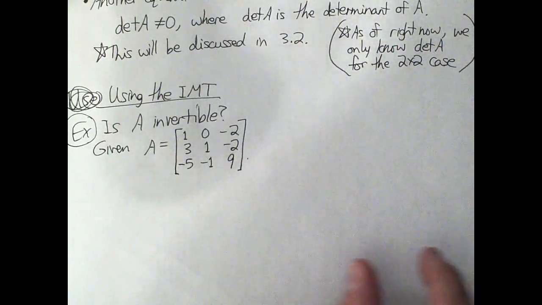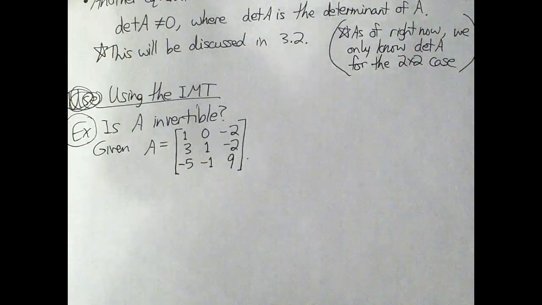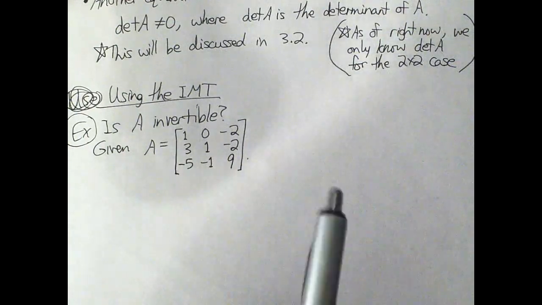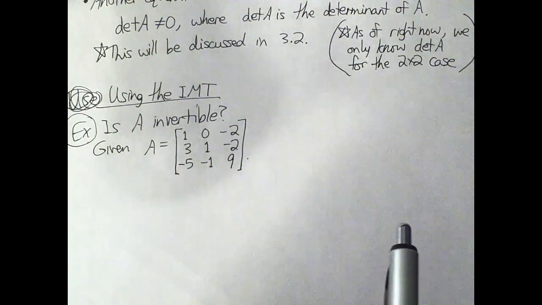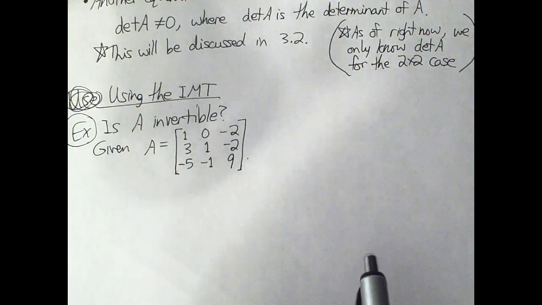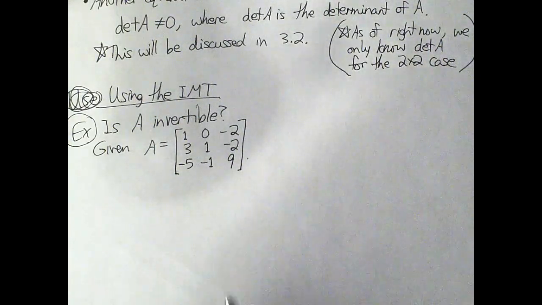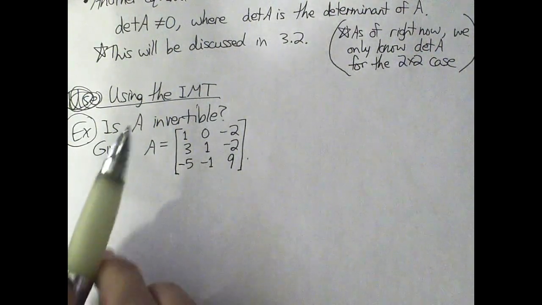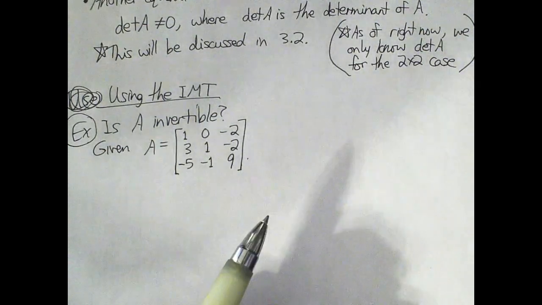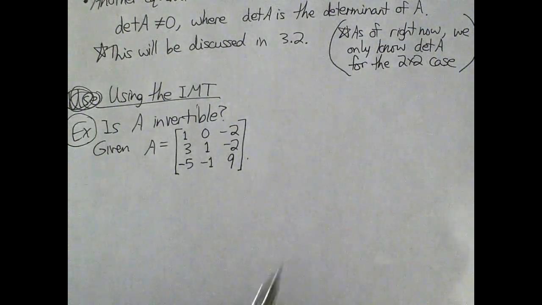We'd go through all those steps, and we'd figure out whether or not the first three columns become the identity matrix. If they do, then that means yes, it's invertible, and we've found the inverse. If they don't become I, then the matrix was not invertible, but we went through all those steps in order to find out. So how about this? I think the IMT can provide a shortcut.